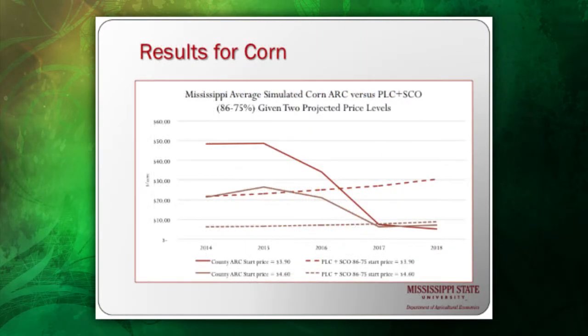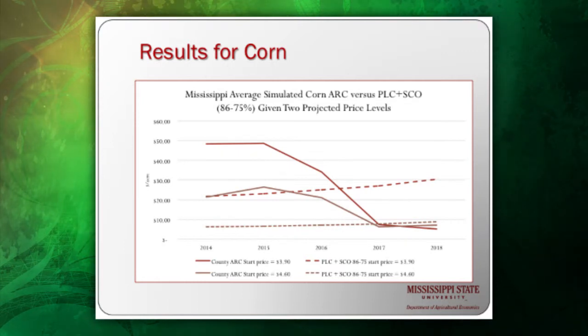The next slide shows a more interesting scenario, I think, for corn, and here we have used two different starting prices for corn, one at $4.60 and the other at $3.90. We see a similar pattern as we saw before, and that is that corn ARC payments are quite high in the early years, but they drop off significantly in the out years, while the PLC expected payments actually slightly increase in each year of the Farm Bill.